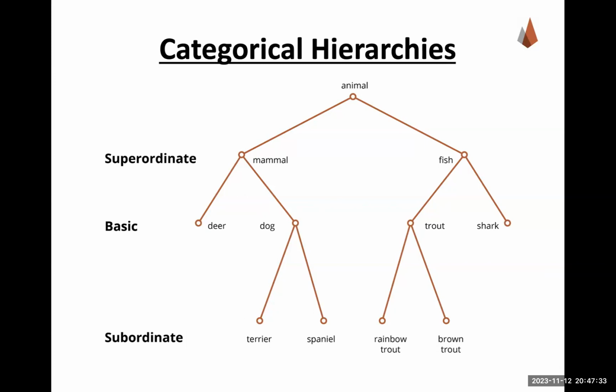So let's define these levels. Superordinate is the level in the hierarchy that's very broad and general, with several basic and subordinate classifications. For example, mammals, reptiles, fish, and birds are all superordinate categories because they have basic levels.